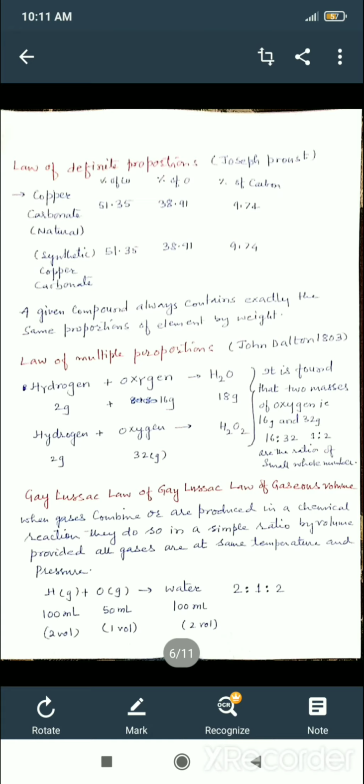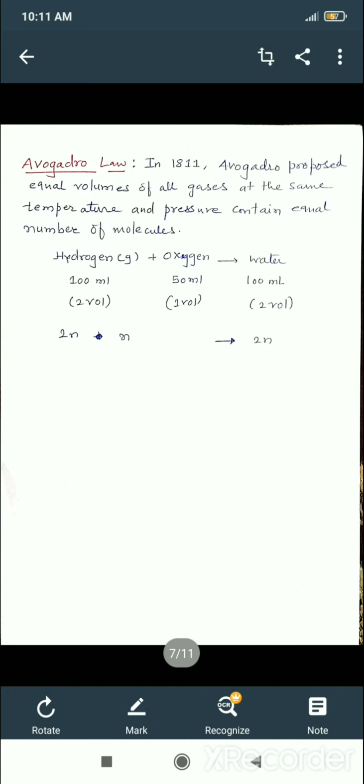Next is the law of multiple proportion, given by John Dalton in 1803. The third is Gay-Lussac's law, the law of gaseous volume. What you have to remember is the simple ratio by volume, provided all gases are at the same temperature and pressure.